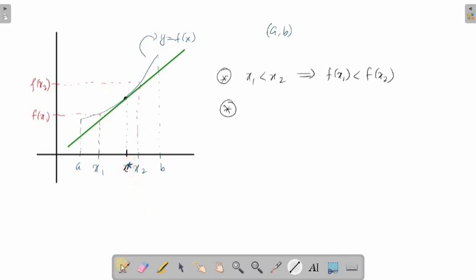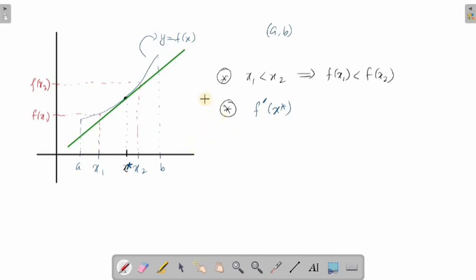If I ask you what will be the slope of this tangent, then obviously this will be your f dash at the point x star.